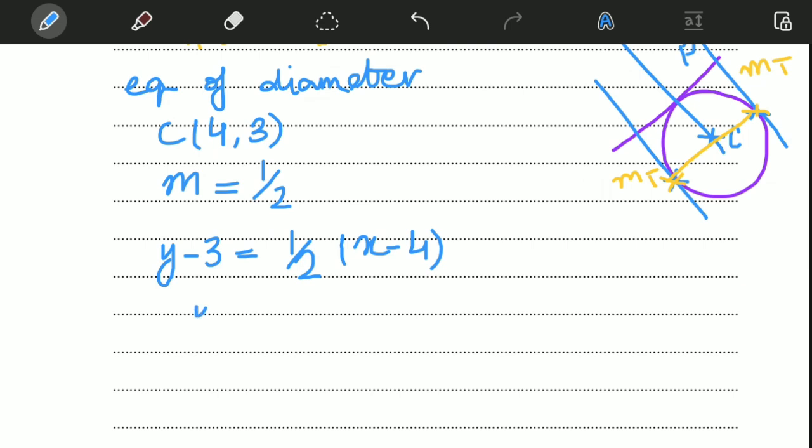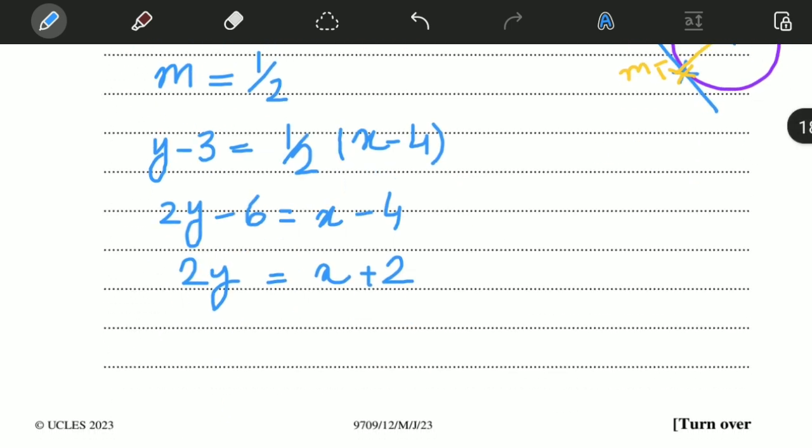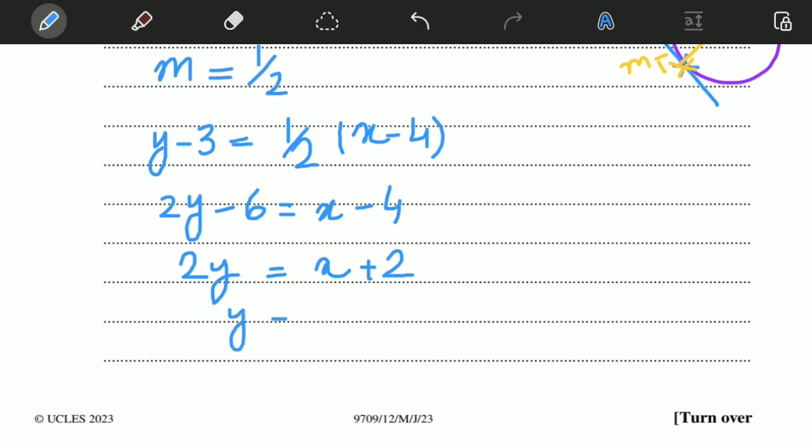Now arrange this a bit. 2y minus 6, we are multiplying this 2 on the other side, is equals to x minus 4. 2y is equals to x plus 2. Okay, and from here we can get y is equals to x plus 2 over 2.